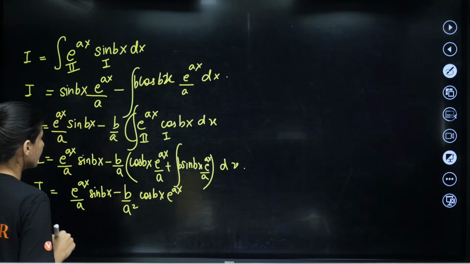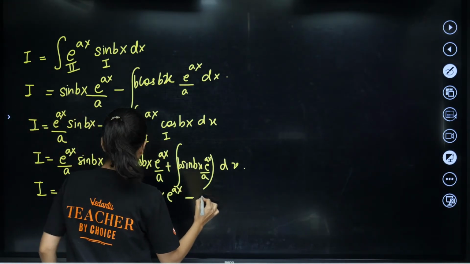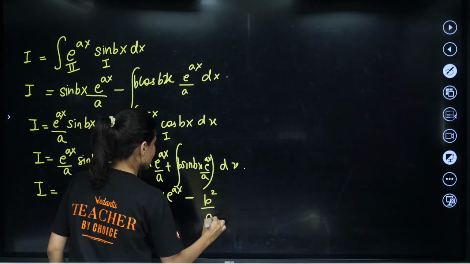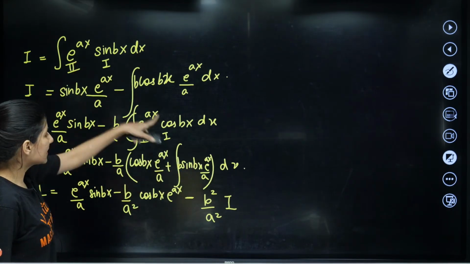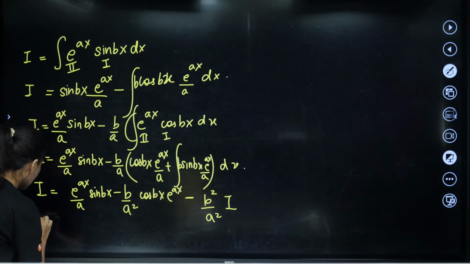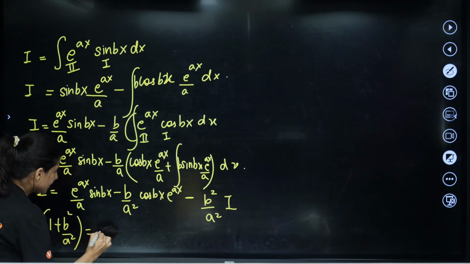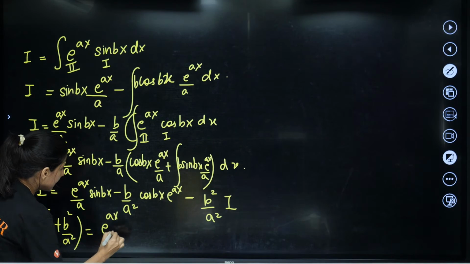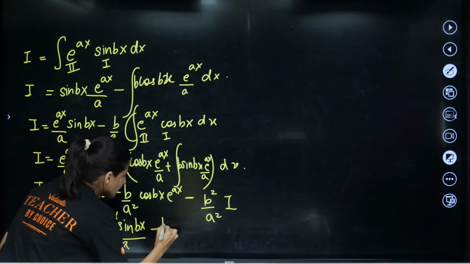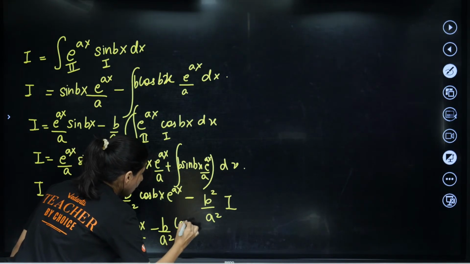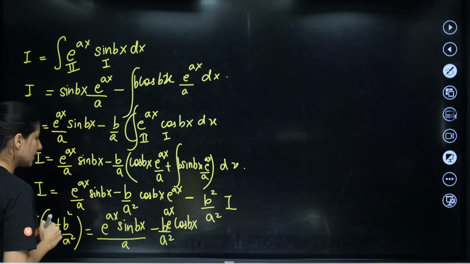And we have minus, so negative of b square by a square, and this is actually your I. E raised to power ax sin bx is your I. Now push it: I times 1 plus b square by a square is going to be e raised to power ax sin bx upon a, minus b by a square cos bx e raised to power ax, plus constant.